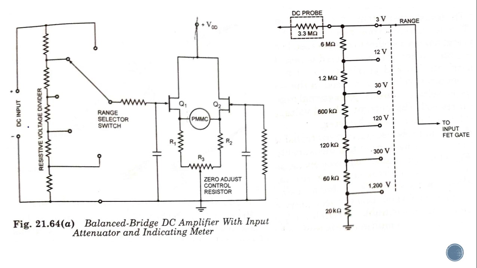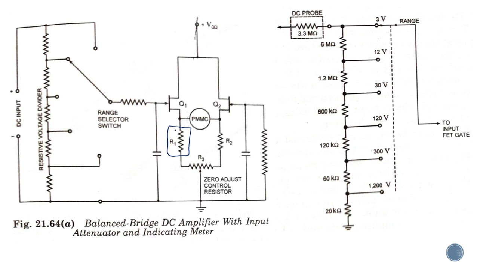And when you apply an input to the DC input terminals, drain current will start to flow through the FET Q1, and a source voltage is developed due to the presence of R1.